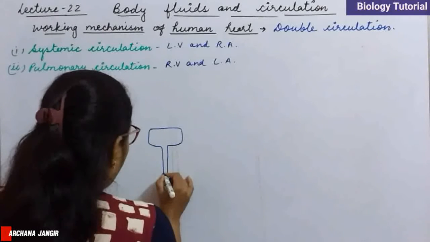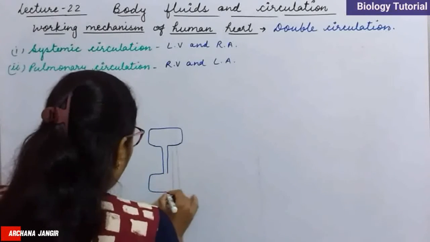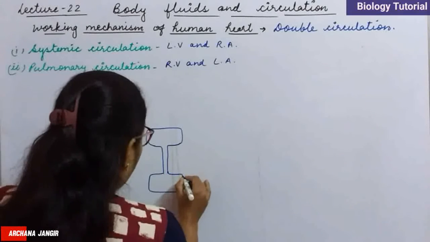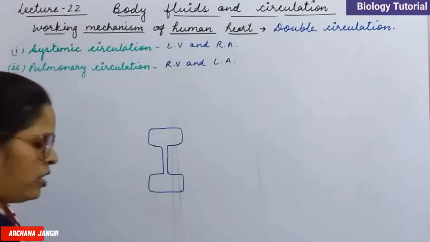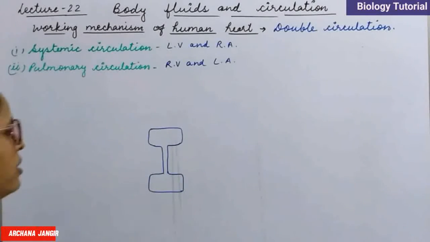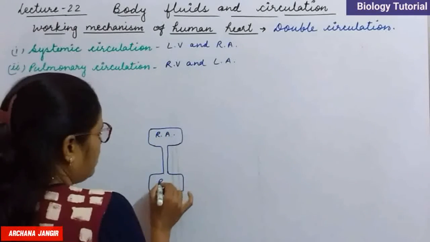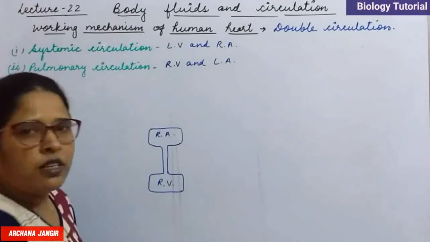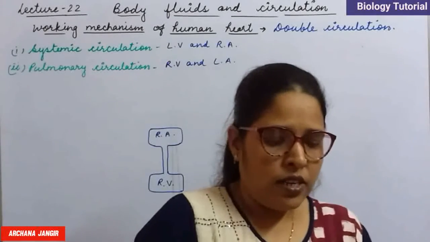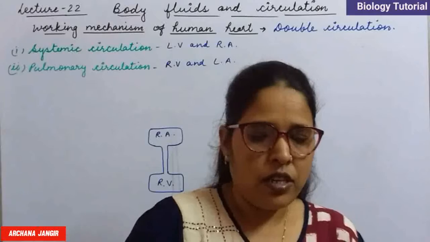I am drawing it in a simple way so that you can easily understand. Clear? This is right auricle and this is right ventricle. This is the right half of the heart.